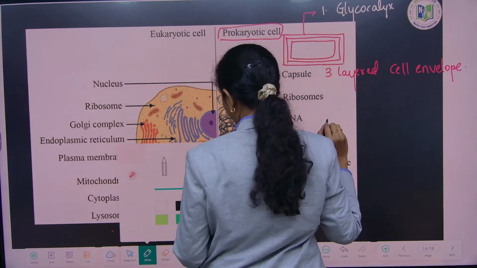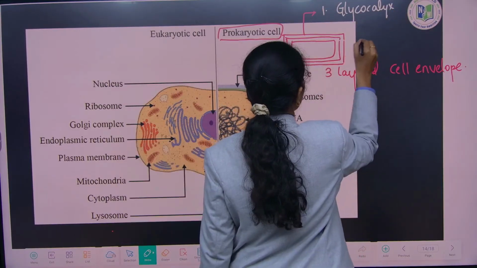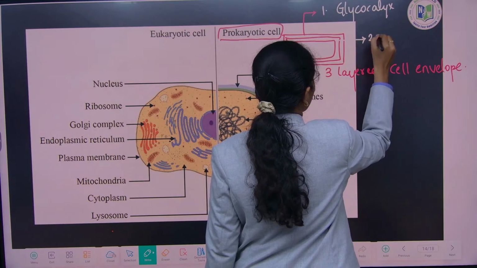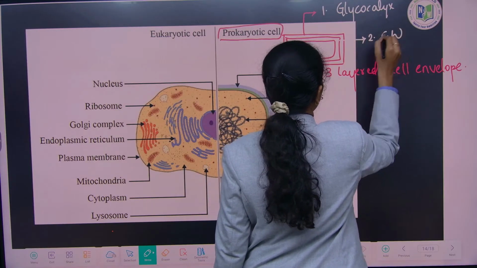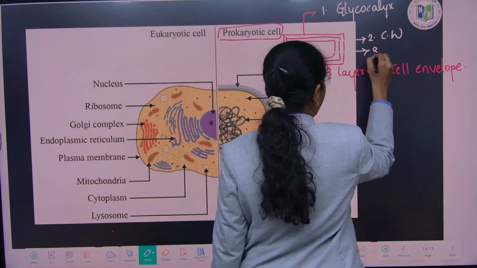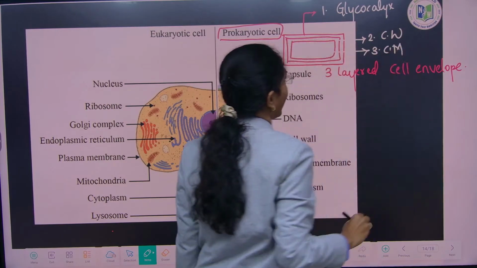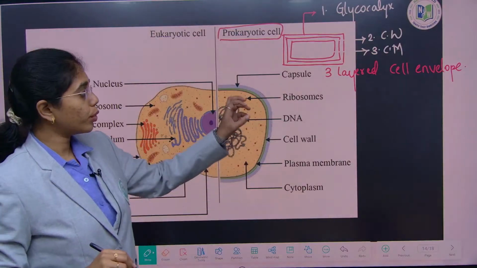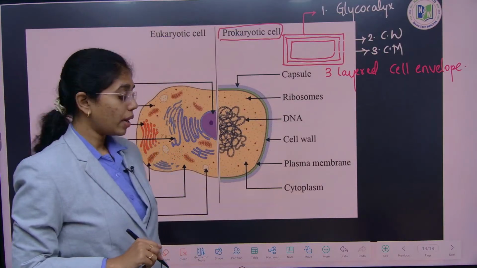Second layer is known as cell wall. Third, cell membrane. Glycocalyx, cell wall and cell membrane put together form the cell envelope.